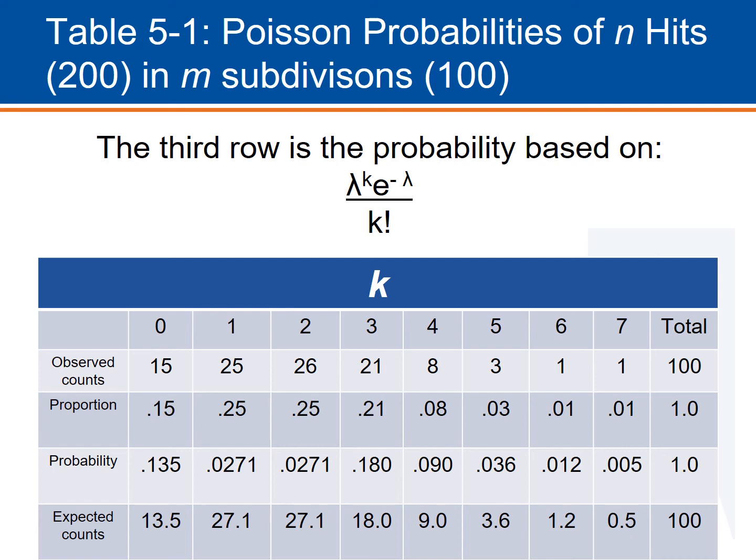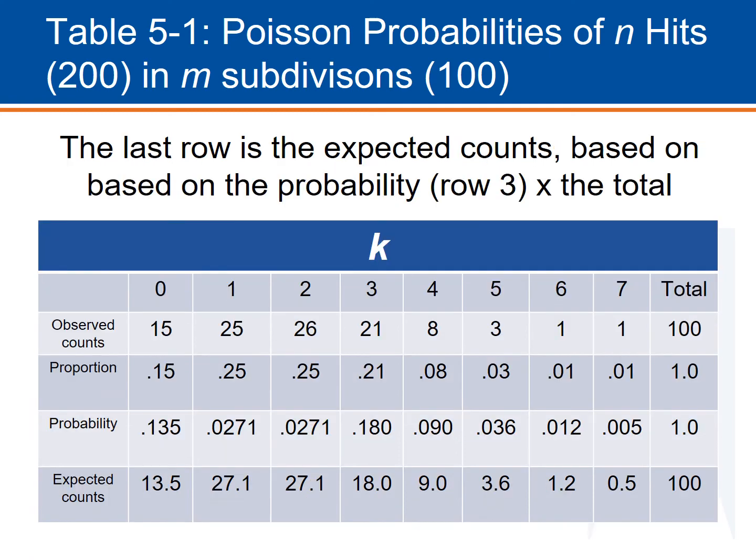The third row is the probability calculated in the earlier slide, making use of the formula of the probability given in the book, the 0.135. And from that probability, it's easy to get the expected 13.5 counts. Given a probability of 0.135, we would expect 13.5 squares to have 0 hits.